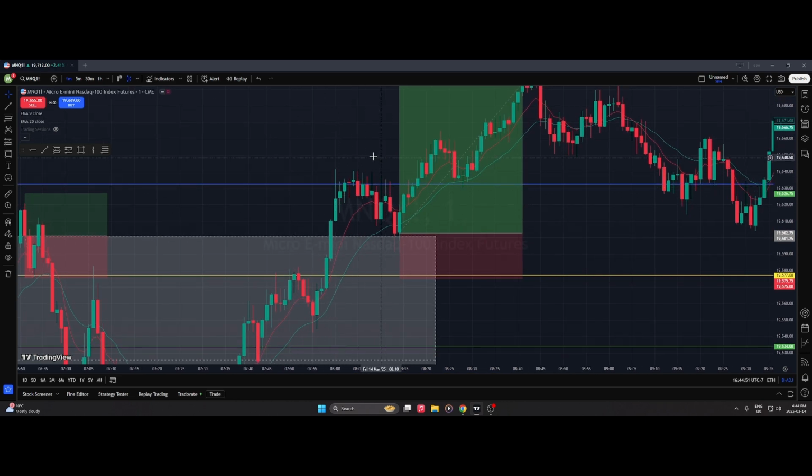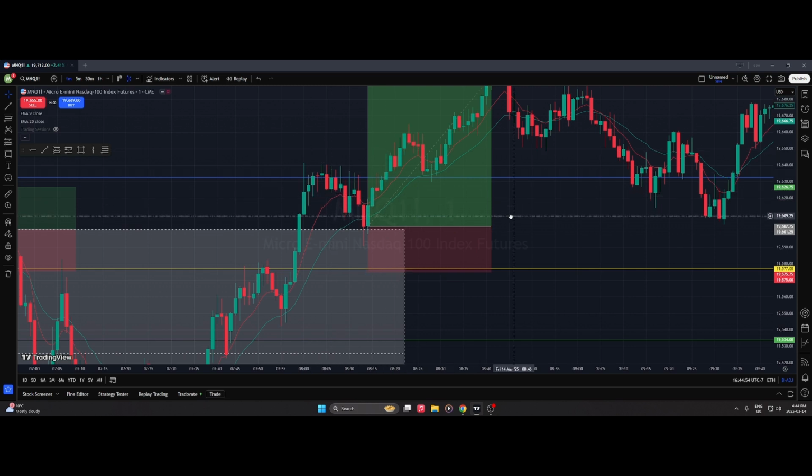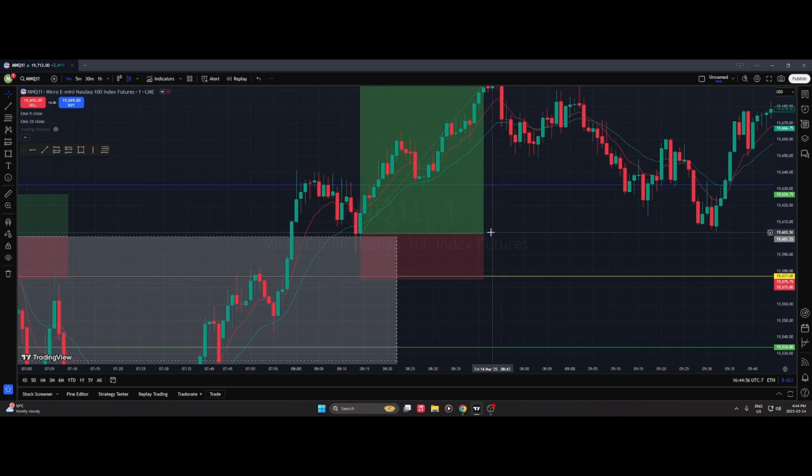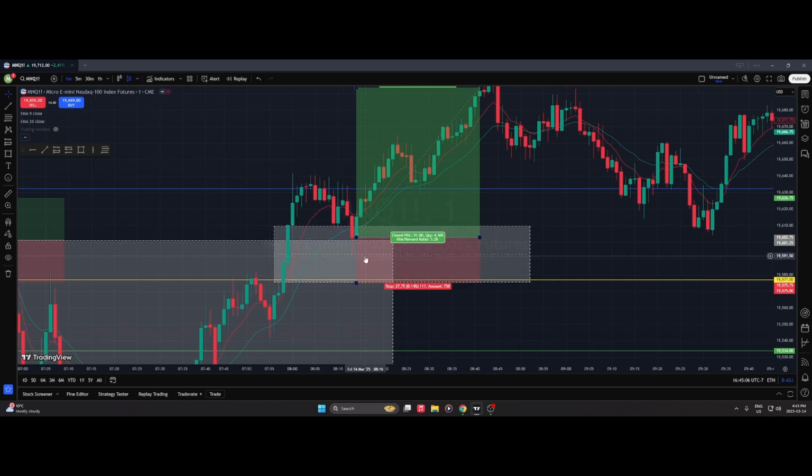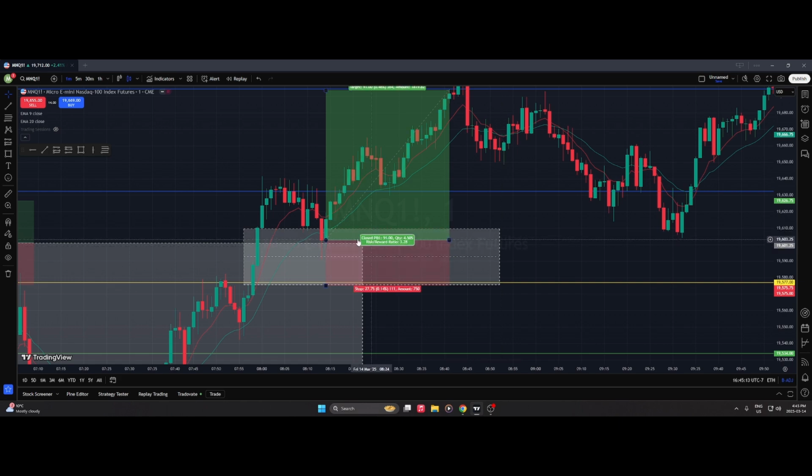See all these candles failing to break above it and hold. So I said to myself, if we trade back into this fair value gap, we'd be touching the 50% point of the fair value gap, as well as trading back into the opening two candle range. And look at the rejection that we got.